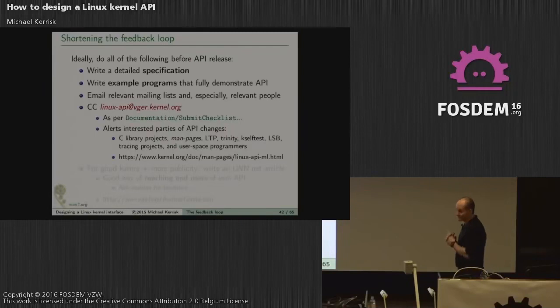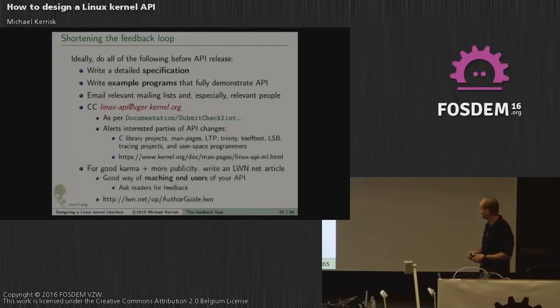Nowadays, there's also a dedicated mail list for people like me and one or two other people in this room, I think like Dimitri, who are interested in knowing about kernel API changes to user space. There are several groups of people who care about API changes. Obviously, I care. Things like the C library projects care, the strace project cares, and obviously users care as well.